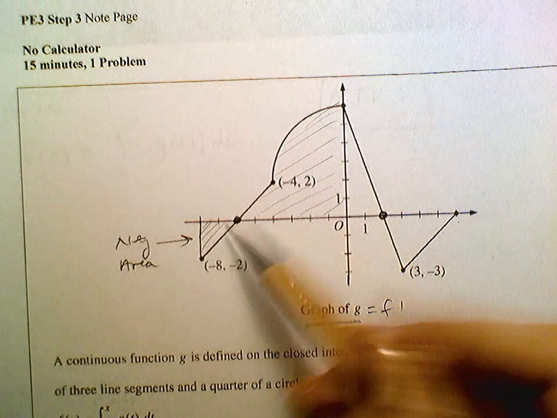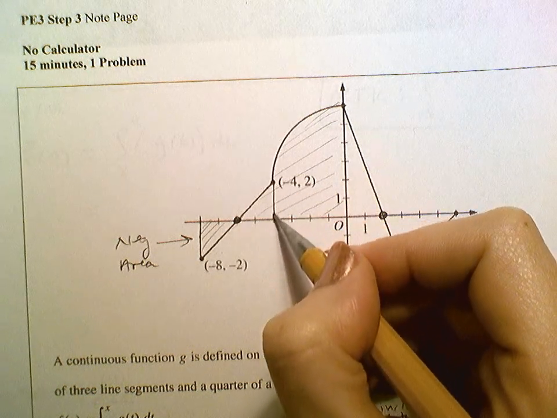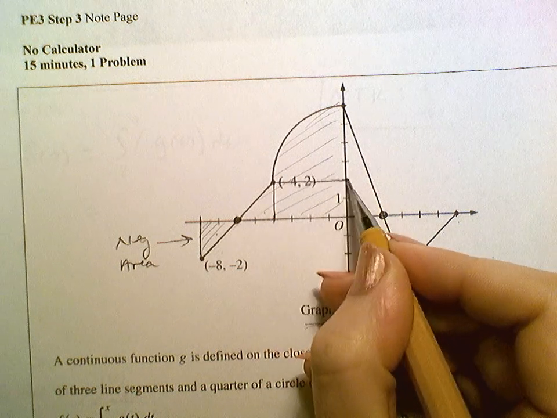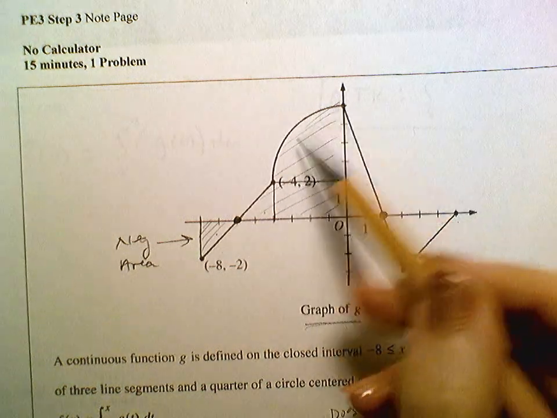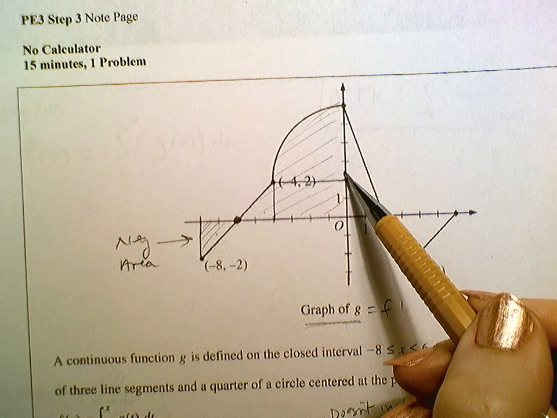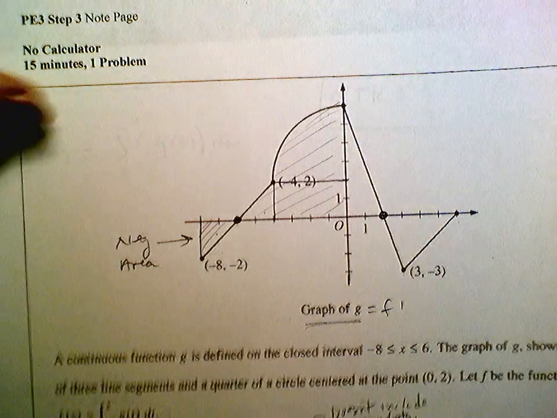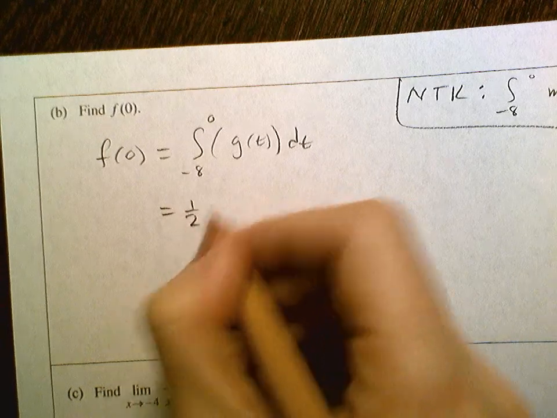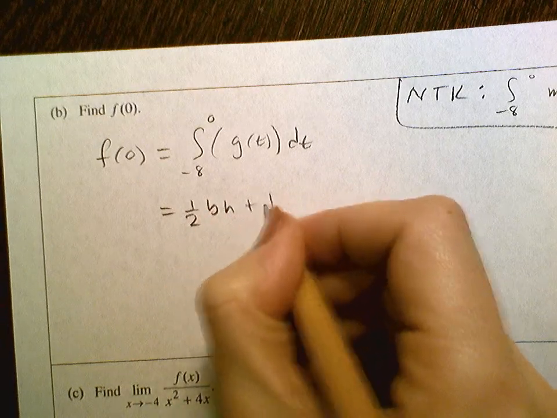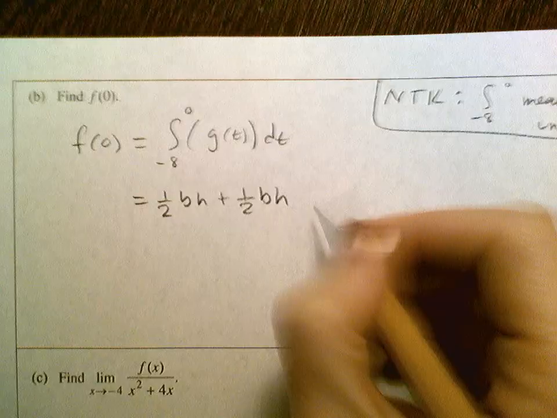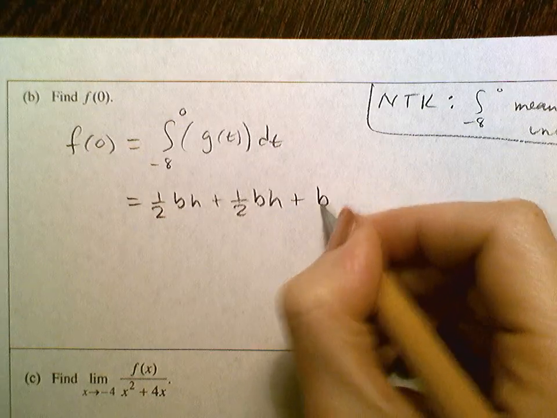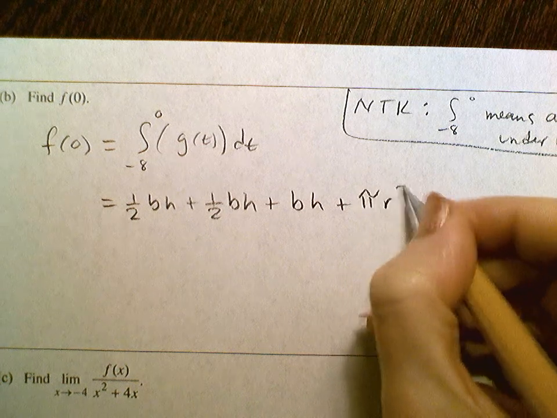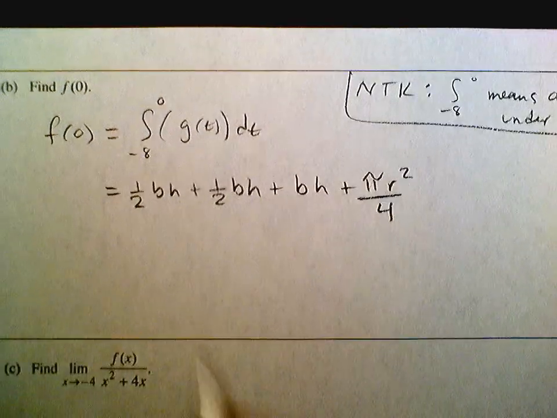I've got a triangle, another triangle, a rectangle, and a quarter of a circle. So I've got 2 triangles, so I got to go 1/2 base times height twice, plus a rectangle, plus a quarter circle, pi r squared over 4.